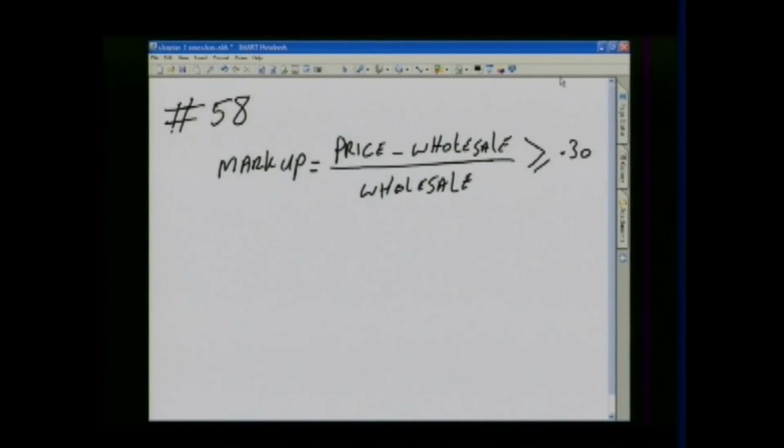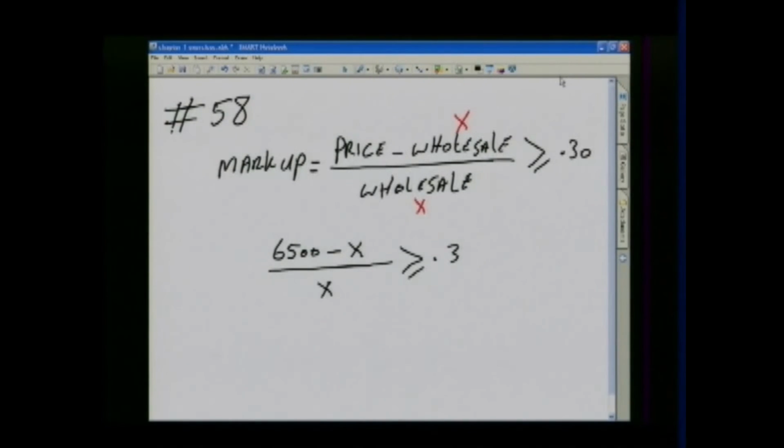Now, if we say wholesale is X, variable X, then this quotient, price, which is $6,500, minus X divided by X has to be greater than or equal to 0.30.